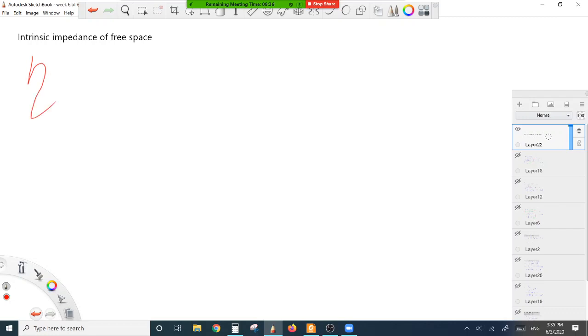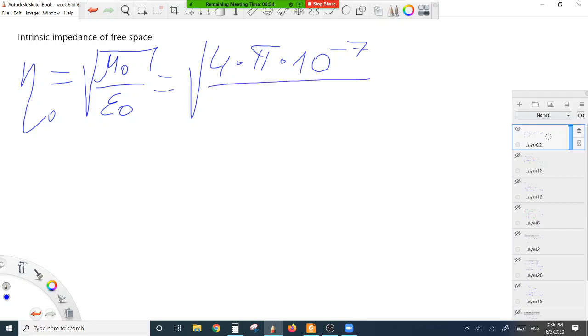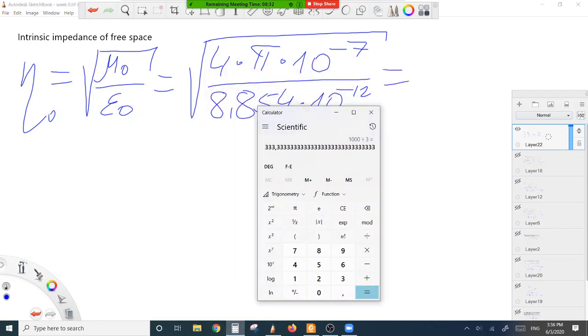We may denote it by eta 0, which is the square root of mu 0 over epsilon 0, where mu 0 is equal to 4 multiplied by pi multiplied by 10 to minus 7, and epsilon 0 is equal to 8.854 times 10 to minus 12.